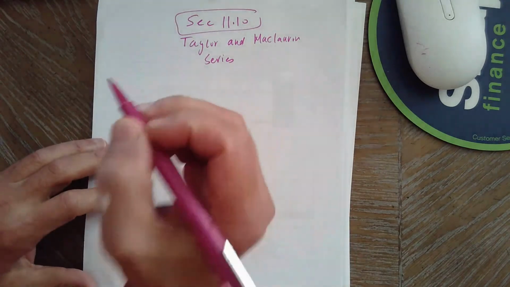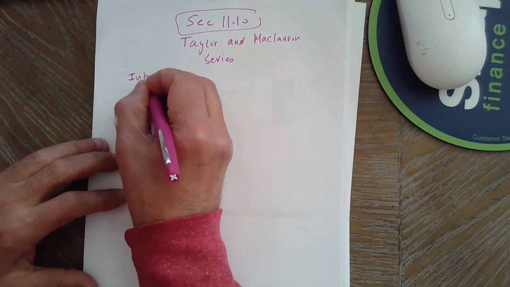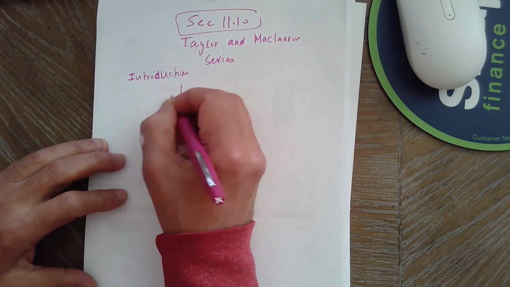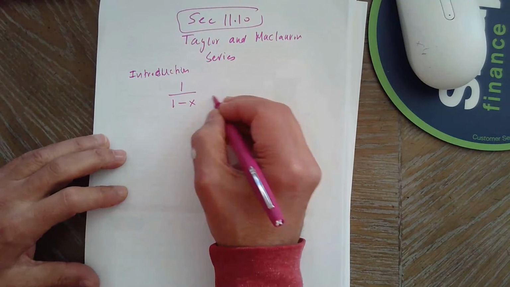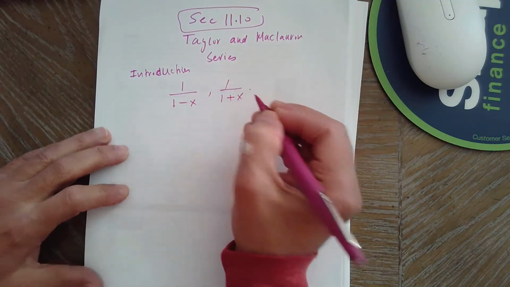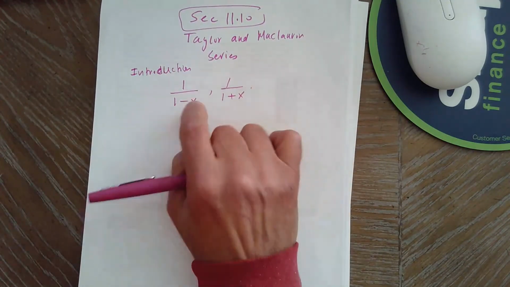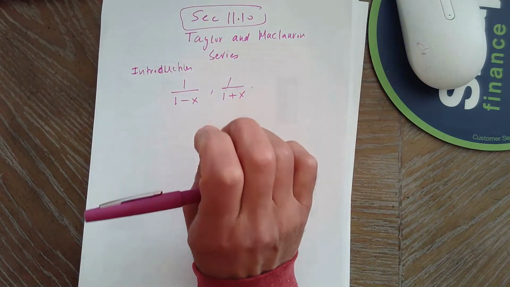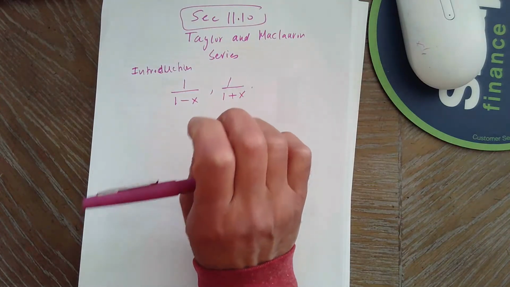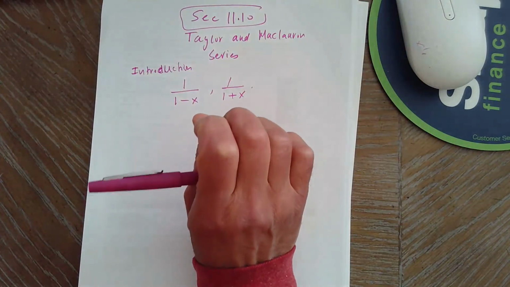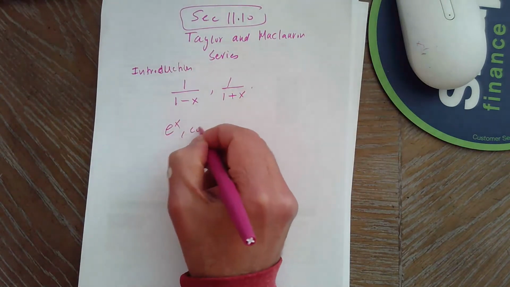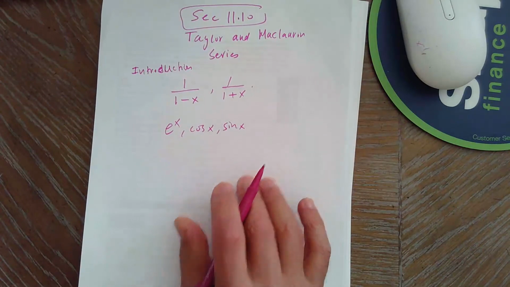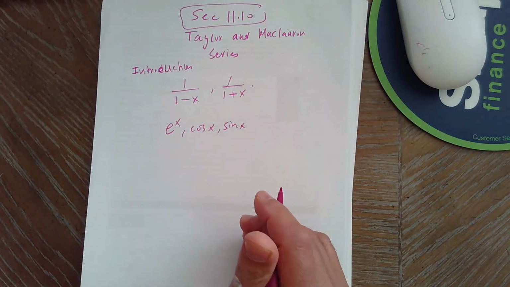Okay. So just for an introduction, so far in terms of power series, we can represent functions like 1 over 1 minus x, 1 over 1 plus x, or anything that can be written in terms of that format. In this section, we're going to be given functions such as e to the x, cosine x, sine x, and the like that are differentiable: first derivative, second derivative, and so on.